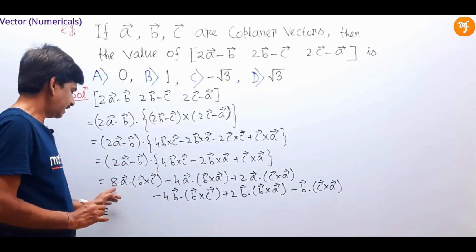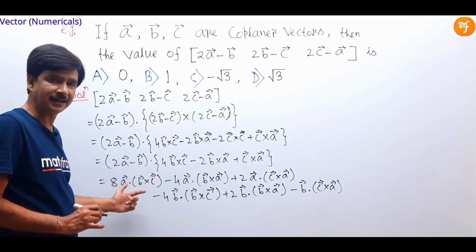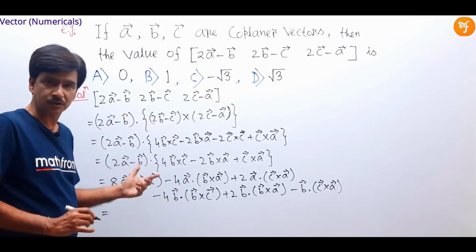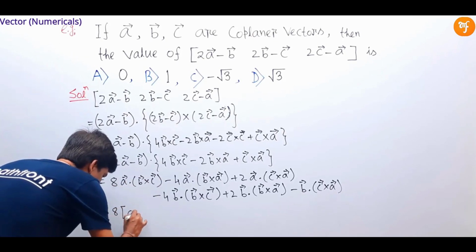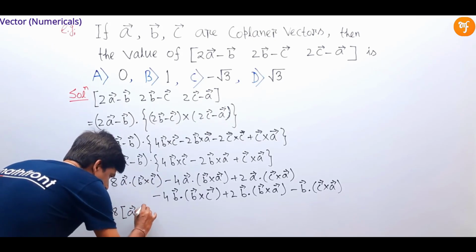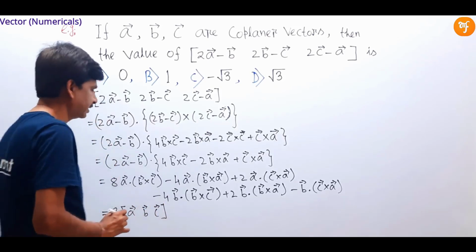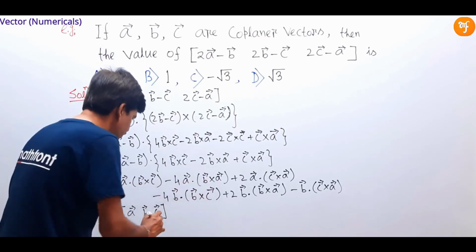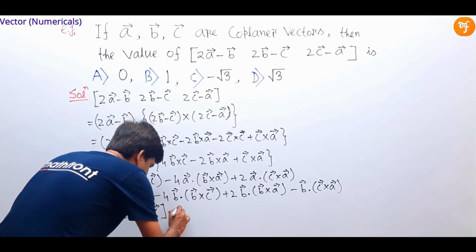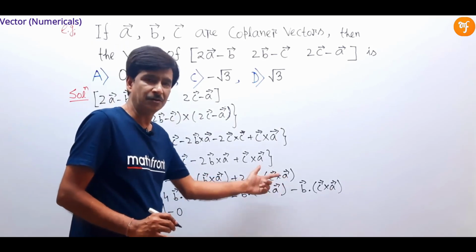So 8 into a dot b cross c can be directly written as, a dot b cross c is box of abc. So this is 8 into box of vector abc. Okay. a dot b cross a should be equal to 0. So directly we can write minus 0. a dot c cross a again will be 0.